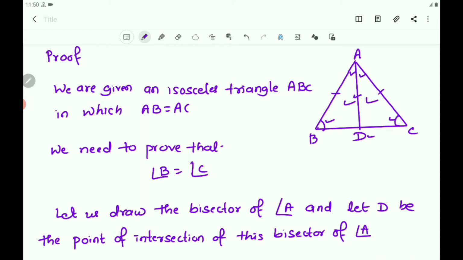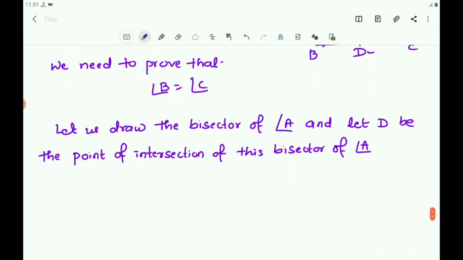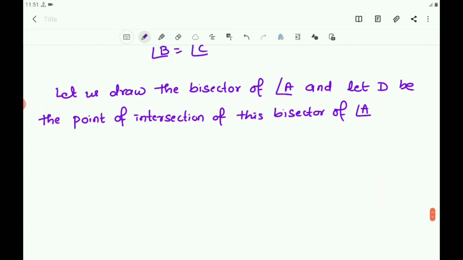So you got two sides and the included angle of one triangle equal to two sides and the included angle of the other. Then according to the SAS congruence rule, triangle ABD is congruent to triangle ADC. Therefore, let us write the names of the triangles. In triangle BAD and triangle CAD.